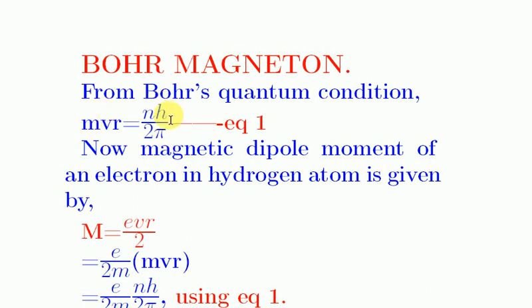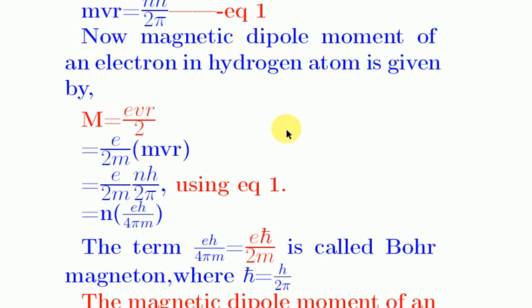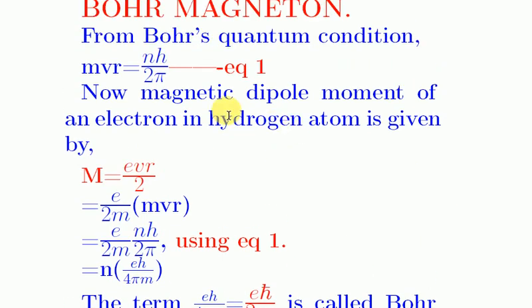So, this is the second postulate of Niels Bohr on hydrogen atom, and this equation is also known as Bohr's quantum condition. We denote this as equation 1.